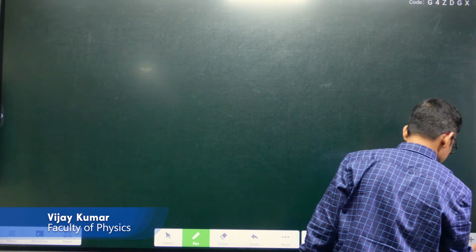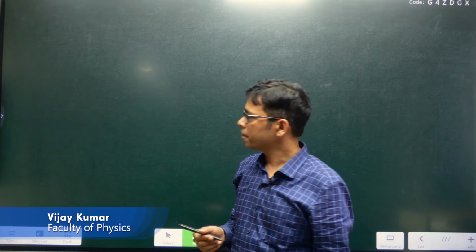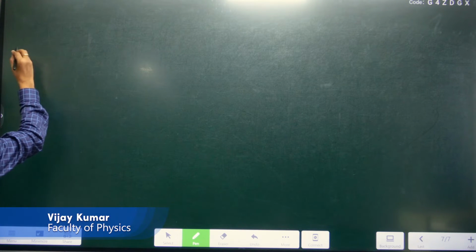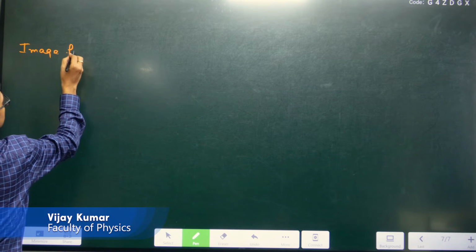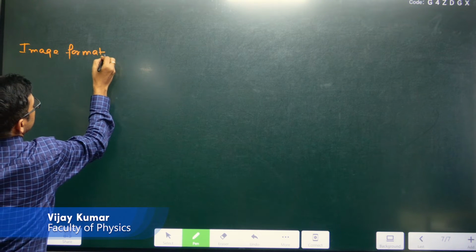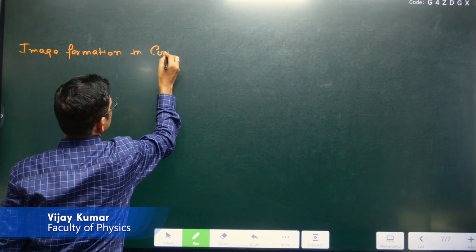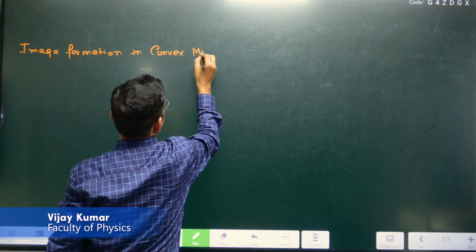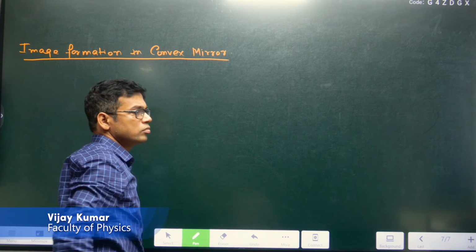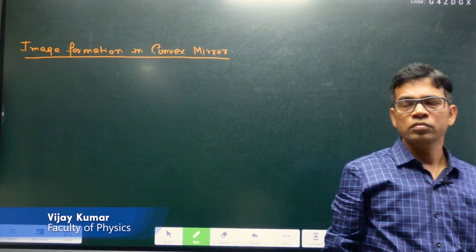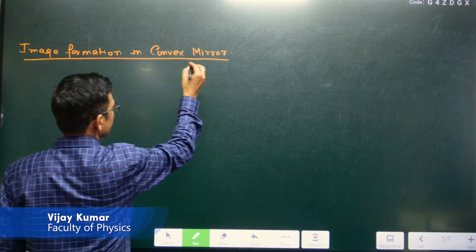Now we will come to the image formation in the case of the convex mirror. Suppose this is your convex mirror.